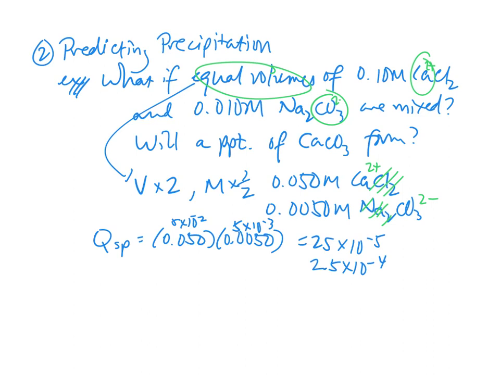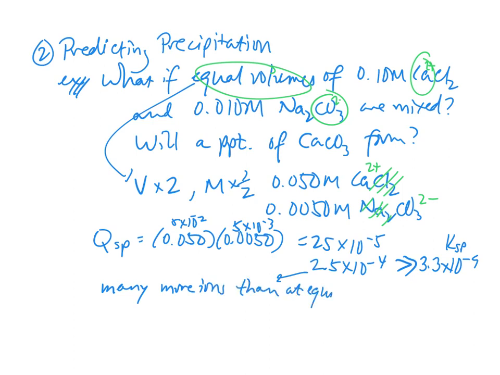So that is substantially higher than 3.3 times 10 to the negative ninth, which is our KSP value. And that much higher value indicates we have a whole lot of ions. So there are many more ions than you would normally get at equilibrium. And since there are many more ions than at equilibrium, they're going to be colliding a lot more often than you get at equilibrium. And because they're colliding a lot more than you get at equilibrium, you're much more likely to get a solid, and indeed you would. So you're going to form a precipitate.